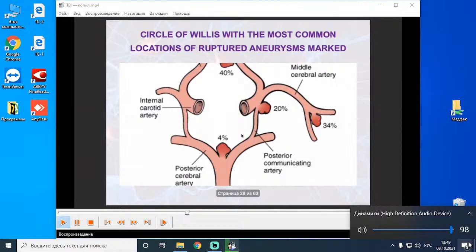Anterior communicating artery, if you remember from anatomy, the circle of Willis. Then the middle cerebral artery, and the posterior communicating artery, 20%. Middle cerebral artery, 34%. And here you can see the basilar artery aneurysms, 4%.